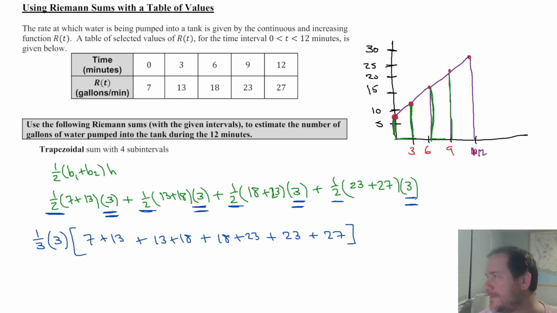At which point it might be convenient to recognize that this pattern is going to work every single time we do this, right? We're going to have, where did I get a 1/3 from? I got ahead of myself. This is the 1/2 from the formula, 1/2, 1/2, 1/2. So these are all 1/2s. But anytime I'm adding up a bunch of areas of trapezoids, they're all going to have the 1/2 in common because that just comes from the formula.